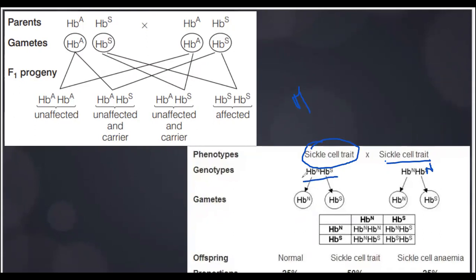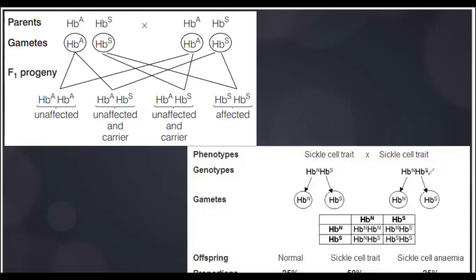What will happen if one parent is carrier and another parent is completely normal? So you will do the cross and check it for yourself. Okay. So in the F1 generation you will see different combinations, because here N is there. So let's say if you put N over here, let's just do this over here only.